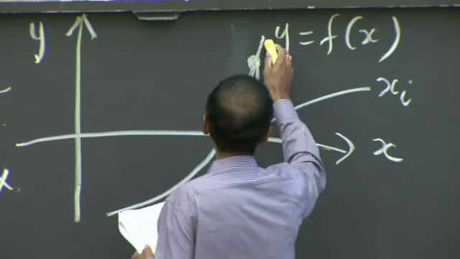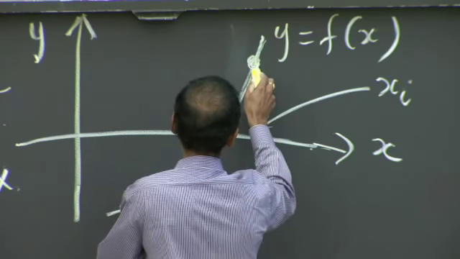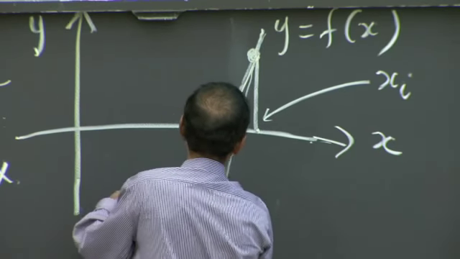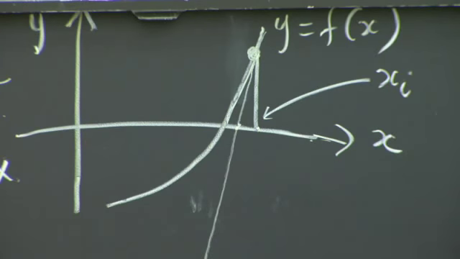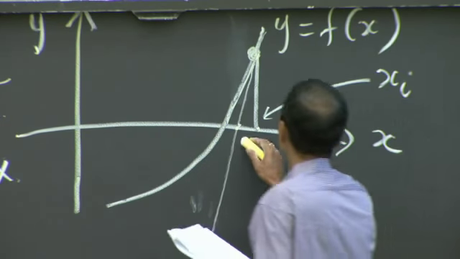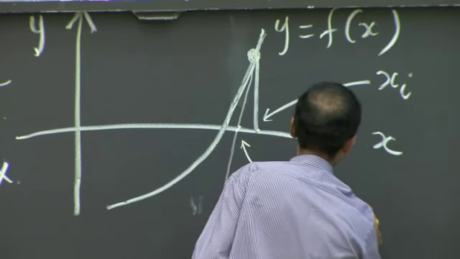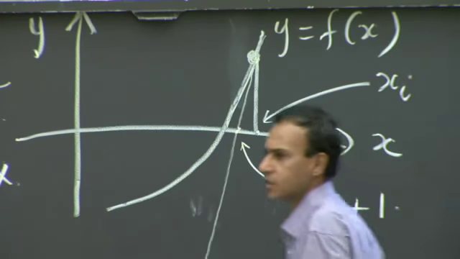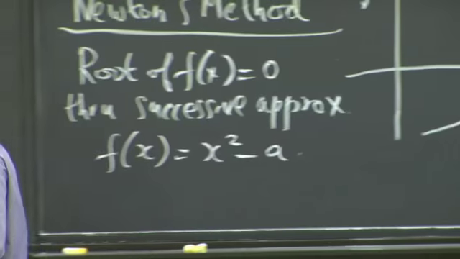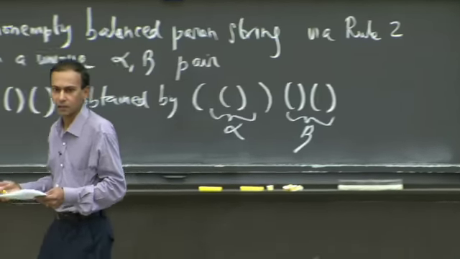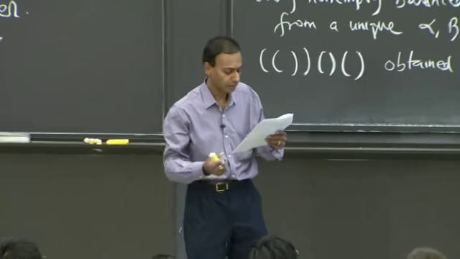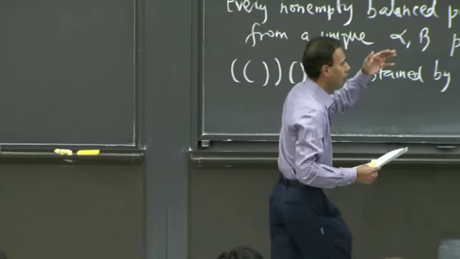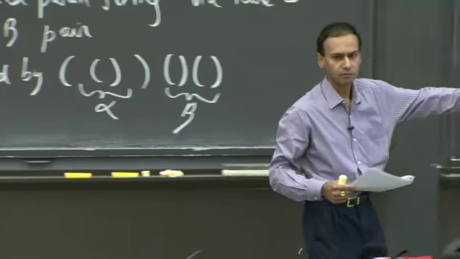What you're going to do is draw a tangent like so, and find the intercept onto the x-axis, the x-intercept, and that is going to be your x of i plus 1. Okay? And you have to write an equation for that tangent, and this is trying to figure out how much of middle school or high school math you remember. What is the equation for that tangent? Anybody?